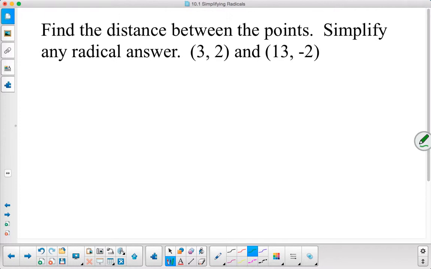And one more problem, a distance formula. The bell might ring on me here, but I'll try and finish for you. Again, pause it so that you have time to work it.